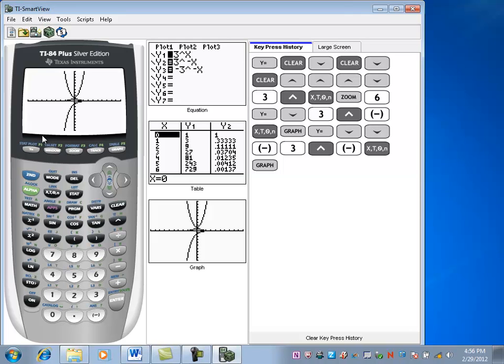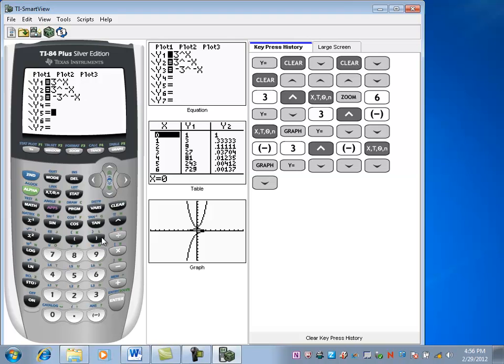And then last but not least, we are going to translate this function up 9 units. So we have negative 3 raised to the negative x, and we're going to add 9 onto that.